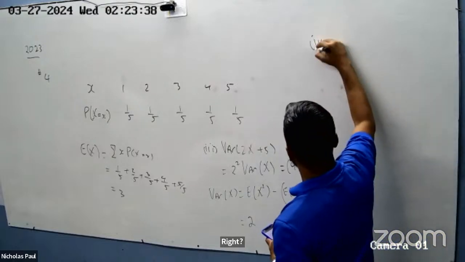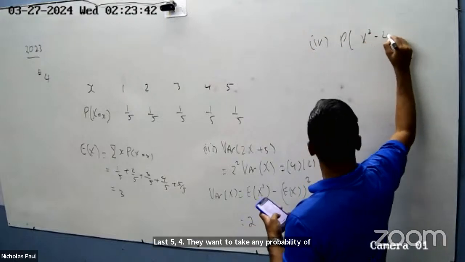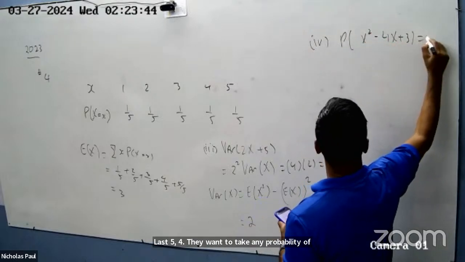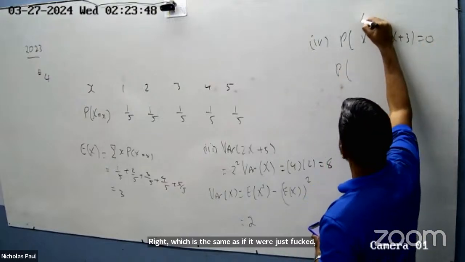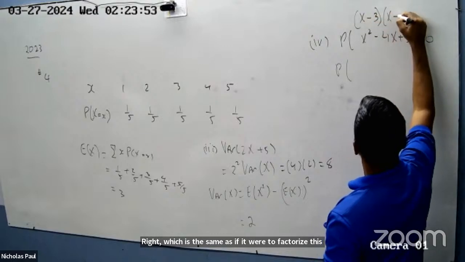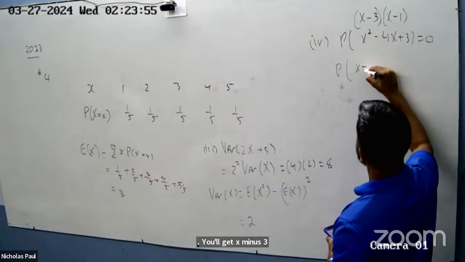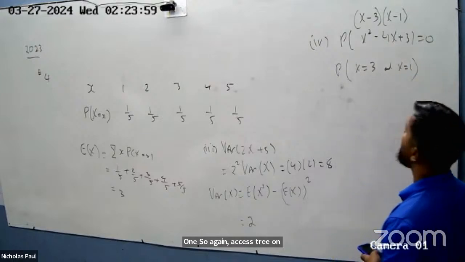Last, part 4. They want the probability that x squared minus 4x plus 3 is 0. Right? If we factorize this, you get x minus 3, x minus 1. So again, x is 3 and x is 1.